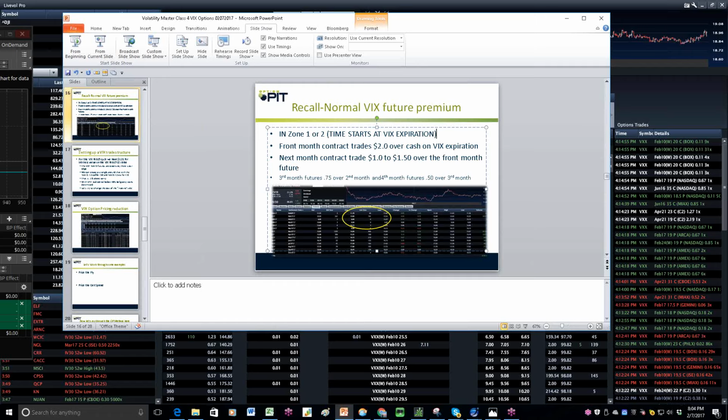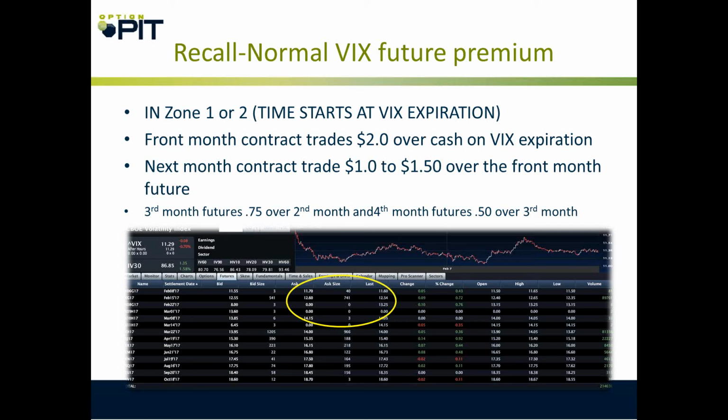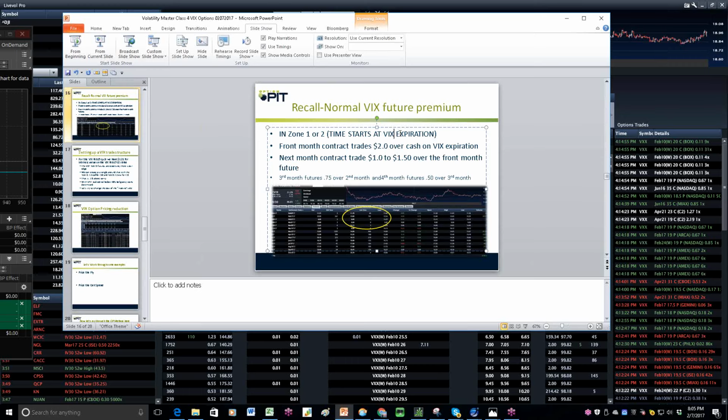Okay. So in an option pit, this is what you care about. Time starts at VIX expiration. And the reason why, since we're trading vol products, and I should actually write serial expiration.